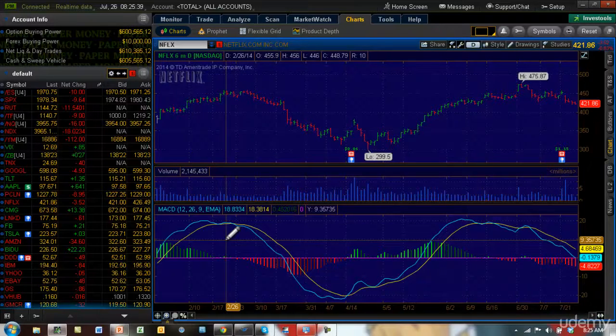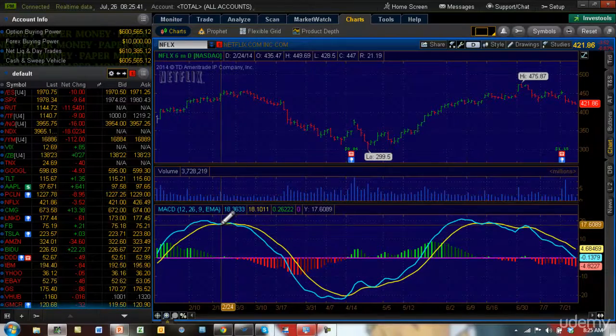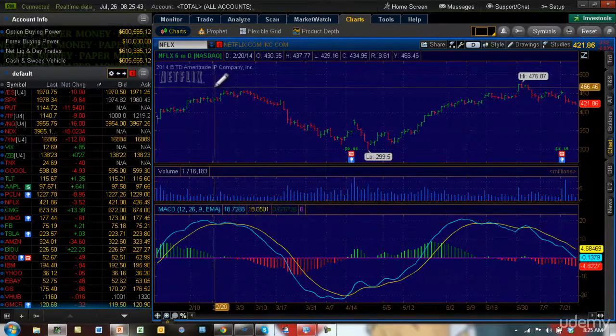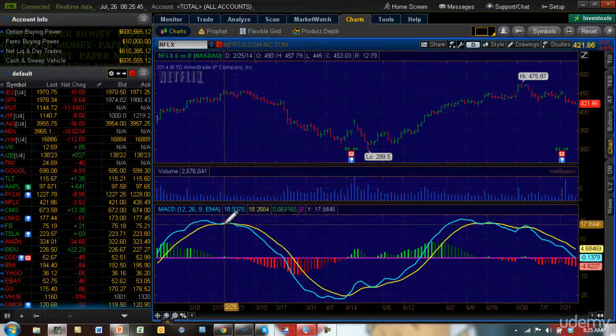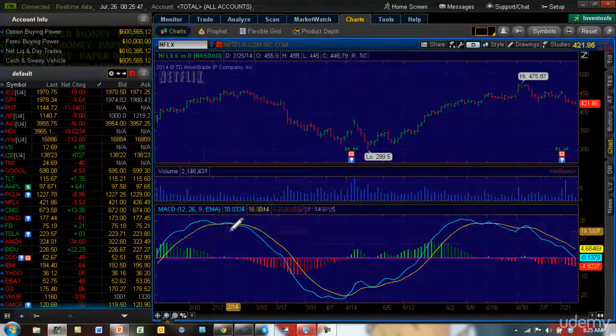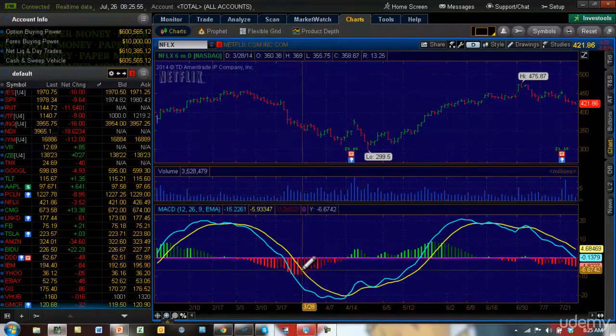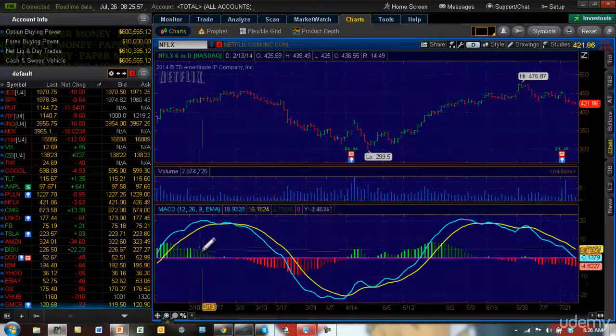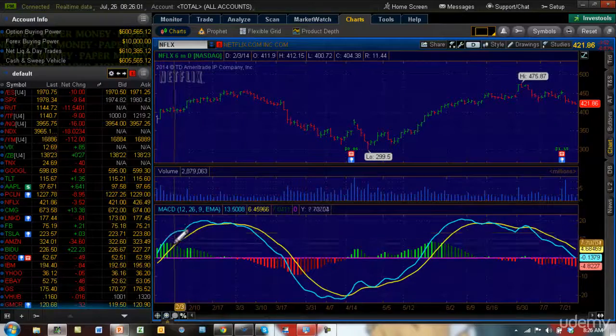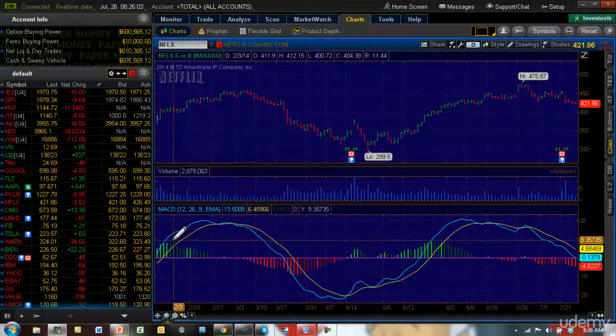Sometimes you'll see MACD give you a very early indicator, like here. Let's just look at this graph first. First of all, we have a fast period, which is the blue line, and the slow period, which is the yellow line. The difference between these two lines is what tells you the momentum.